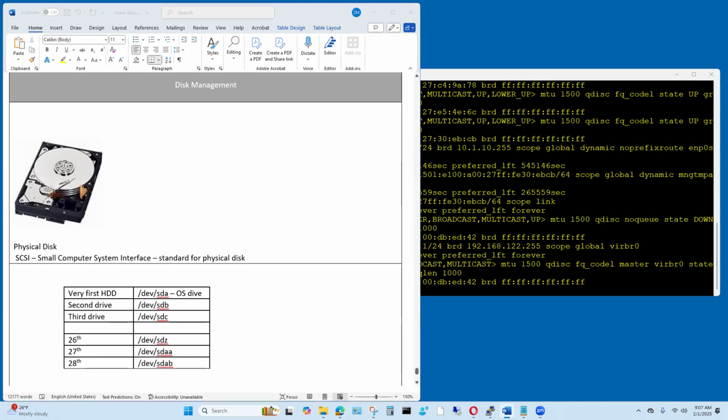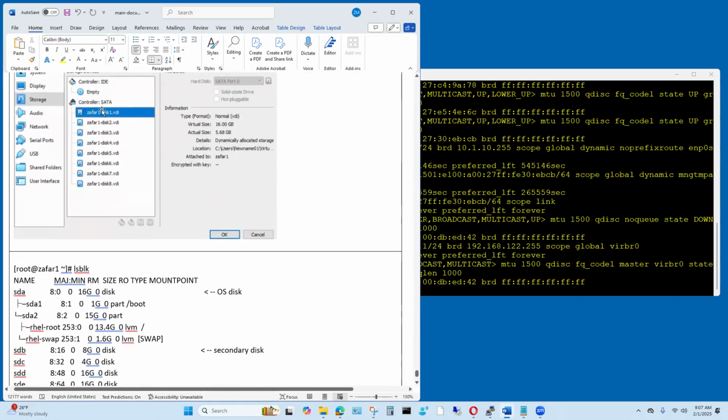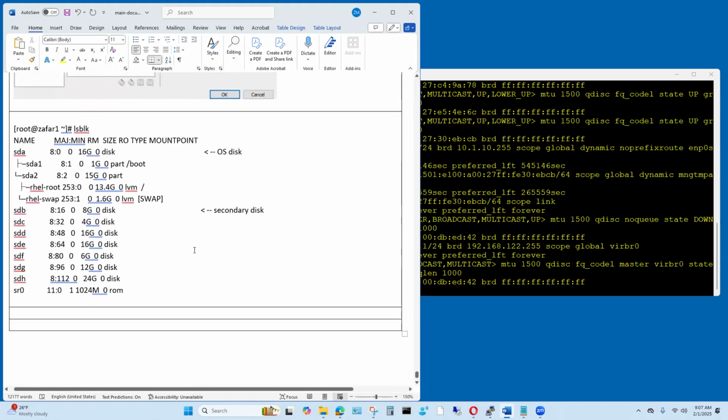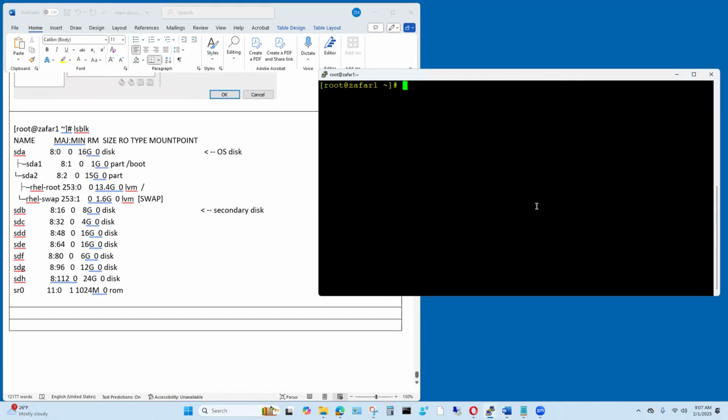So moving along, you guys have an idea now that there are 8 disks here, and this is what we will be managing today. Let me clear the screen.